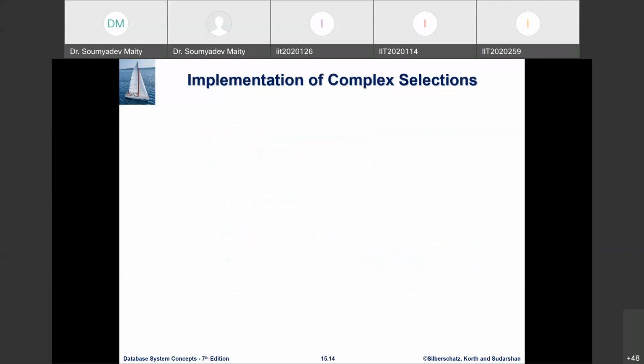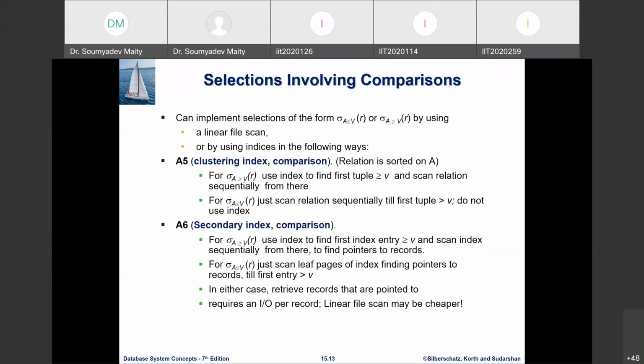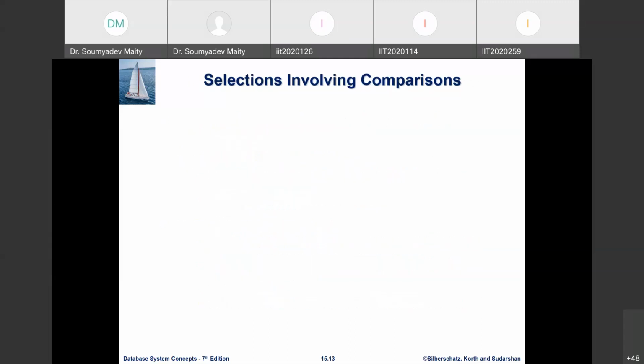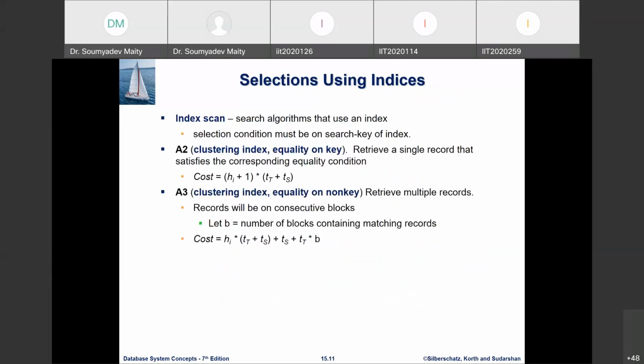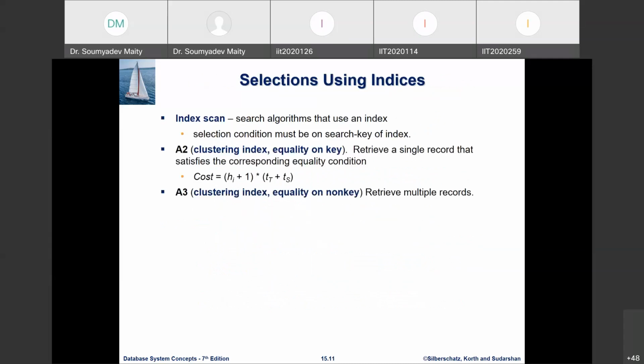So these were the 6 algorithms that we discussed. Again, a quick recap. The first algorithm is linear scan itself. Second, algorithms A2 to A6 are all index search, assuming some index exists.